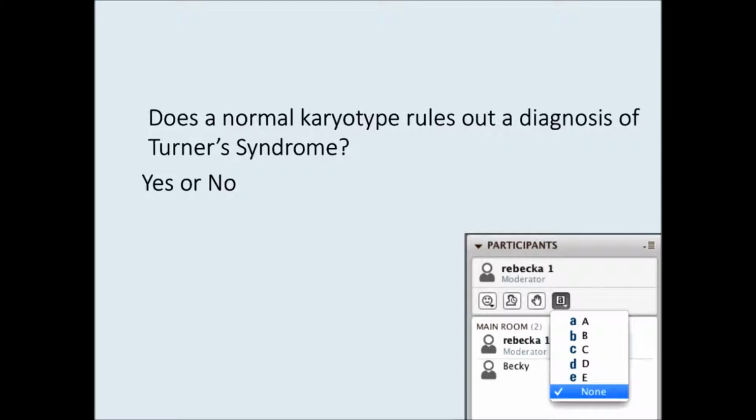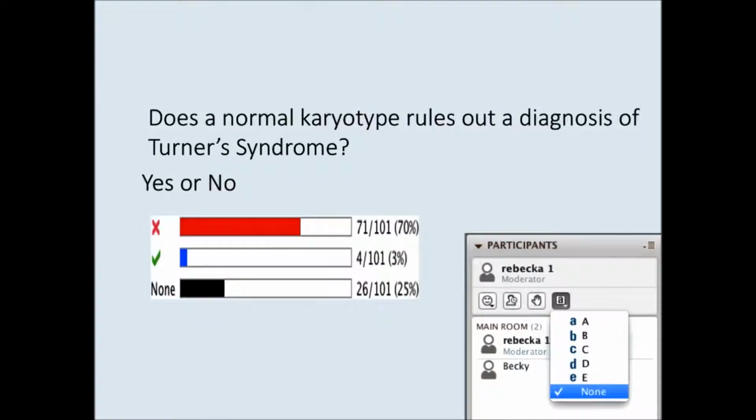Our poll results show an overwhelming 70% or better of those who did respond said that no, a normal karyotype does not rule it out. So Katie, I guess you're going to be responding to this?